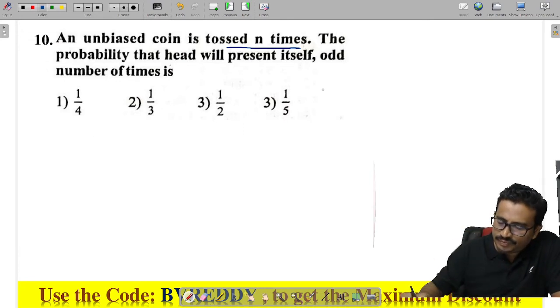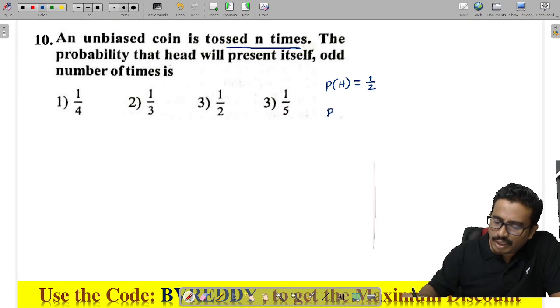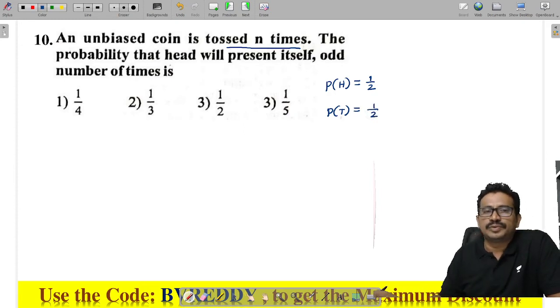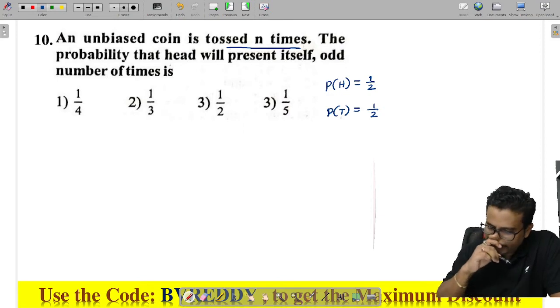Look at now here. What is the probability of getting head? That is 1 by 2. And the probability of not getting the head, meaning tail, is also 1 by 2. Right.